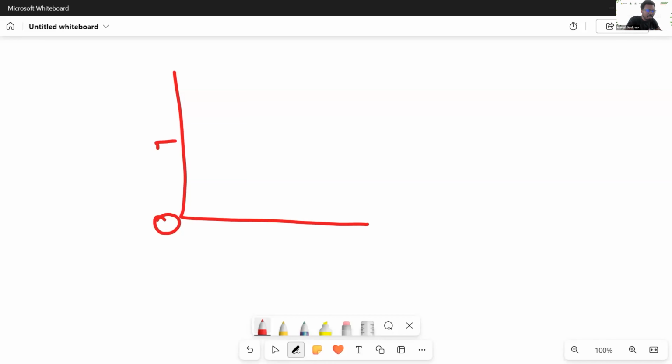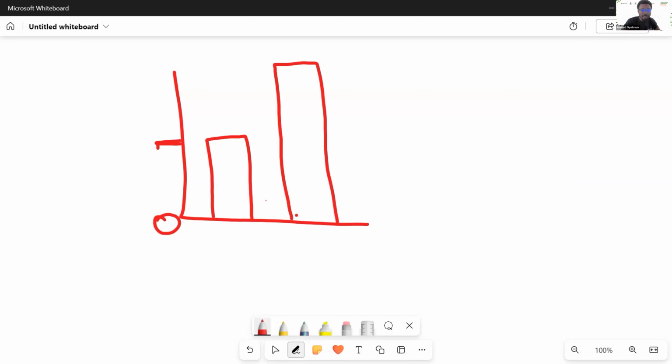So that first category is going to be around here for 500,000. And then maybe the second category happens to be 1 million. So obviously that second category is going to get somewhere here to represent 1 million.